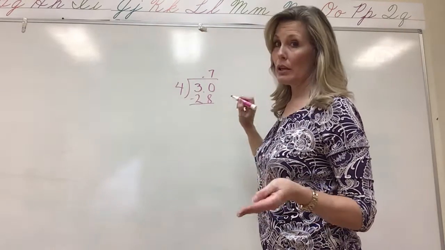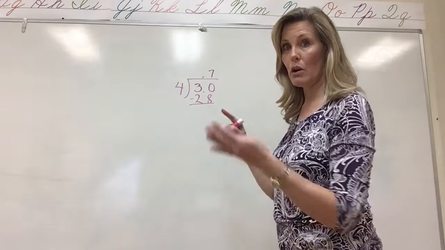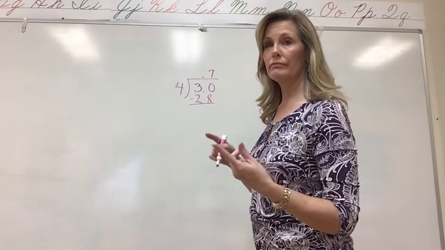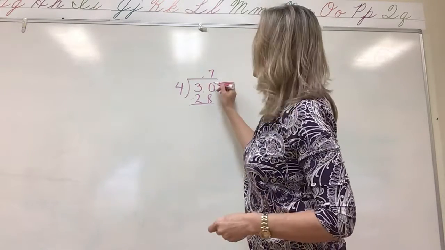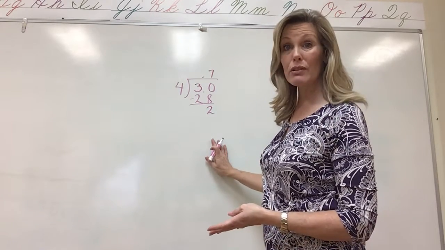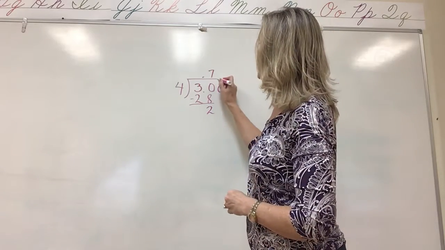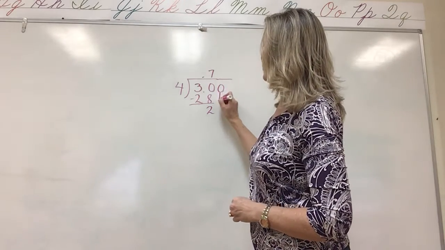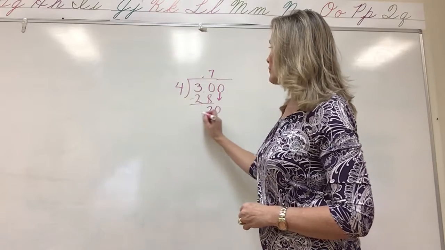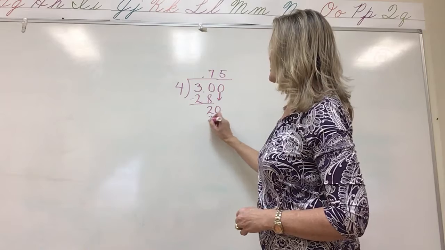And I could use the shortcut here, but I'm trying to show you the long way just so you are sure of every step. So 30 minus 28 is 2. I'm going to have a remainder here, and I don't want a remainder. Annex another 0, because it doesn't change my value. Bring it down. Now 4 into 20 goes 5 times. 5 times 4 is 20.